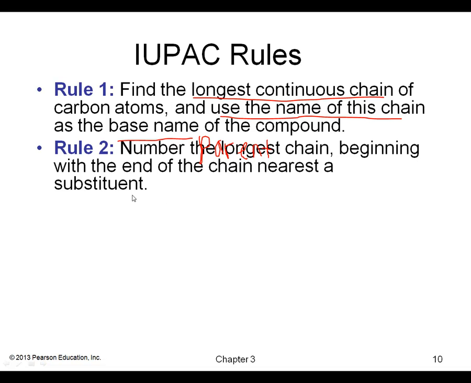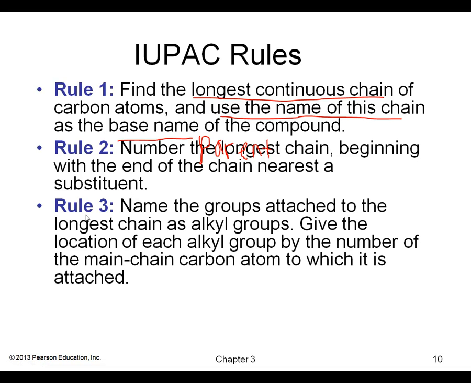Okay, we'll look at that later. And Rule 3, we name the groups attached to the longest chain as alkyl groups, and we give the location of each alkyl group by the number of the main chain carbon atom to which it's attached. Okay, this is a really complicated statement here.